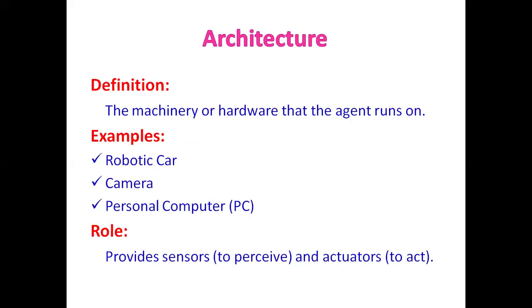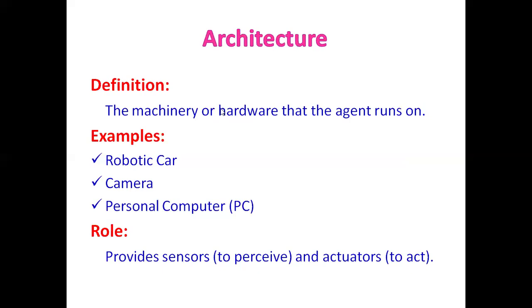Next, simply, what is architecture? It is the machinery or hardware that an agent runs on, referring to the physical or computational platform that supports its operation. This includes the devices and systems that enable the agent to function and interact with its environment.